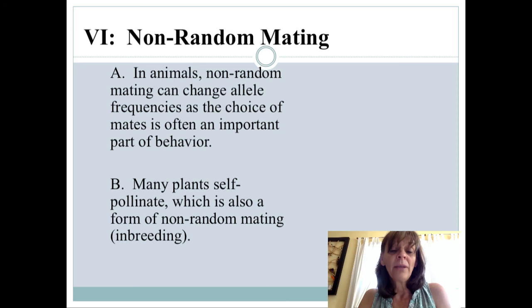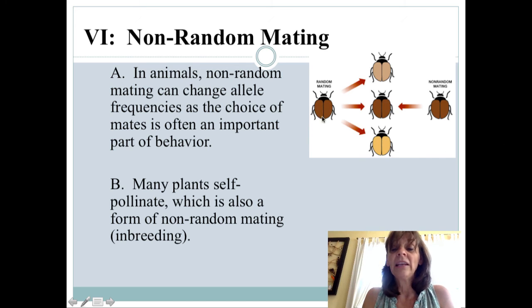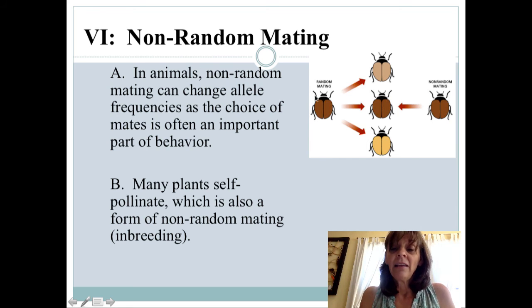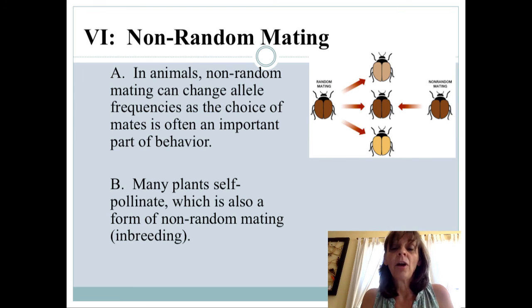So many plants self-pollinate, which is also a form of non-random mating. So random mating would mean members of a population could mate with any member that they're able to mate with. Non-random mating means they select based on a behavior or a look or some competition.